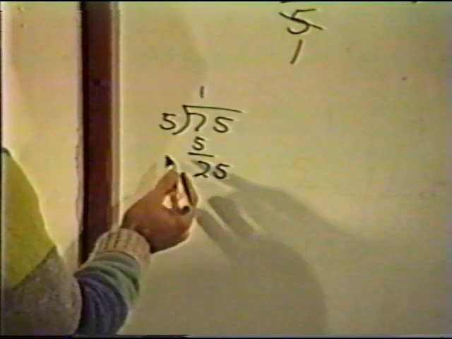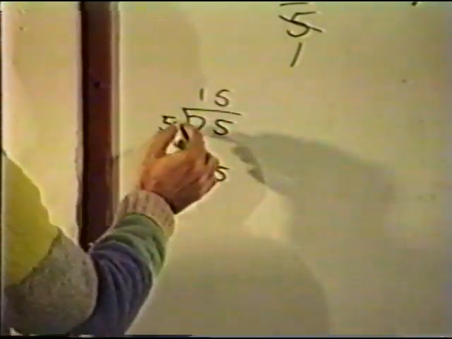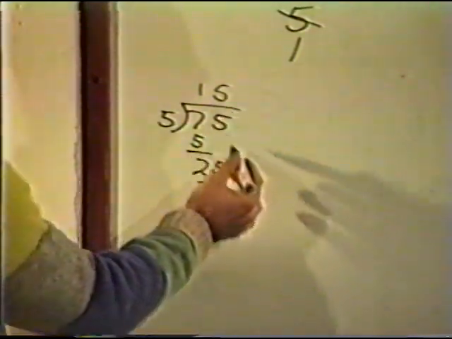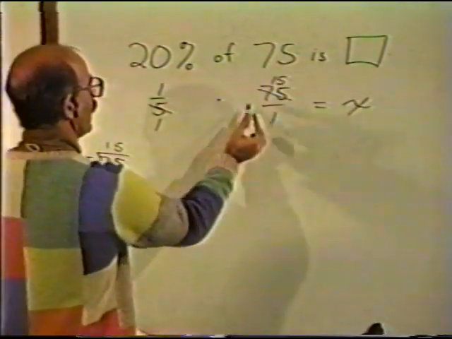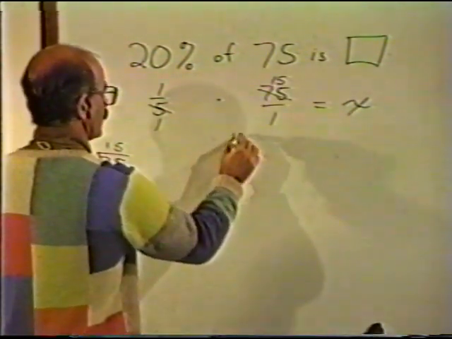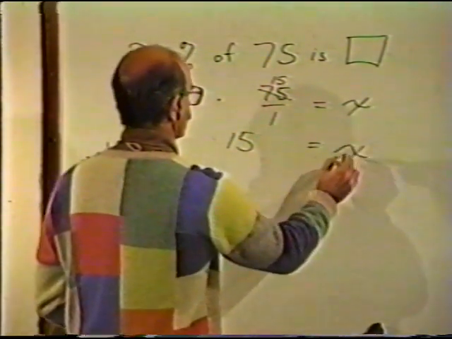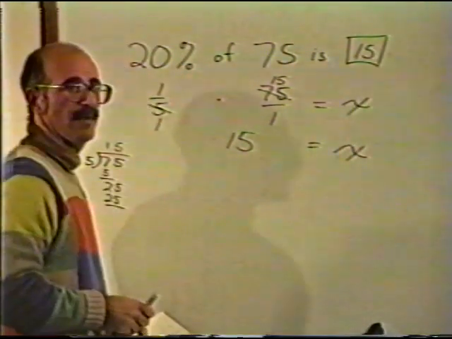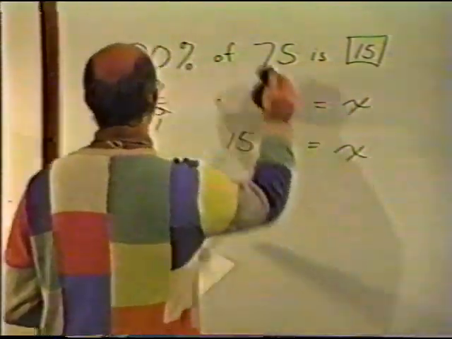Bring down the 5. 5 into 25, 5. 5 times 5, 25. The answer is 15. And 1 times 15 is 15. 15 equals x. A type 1 problem, the part of the whole.